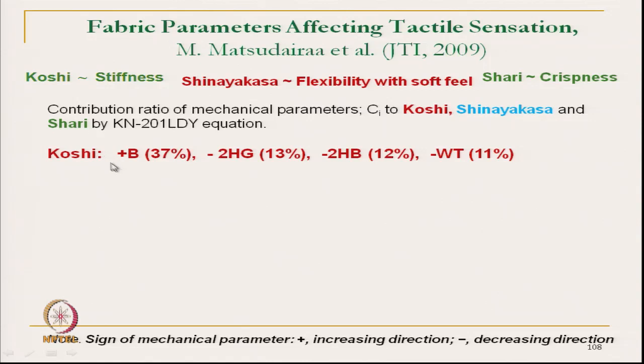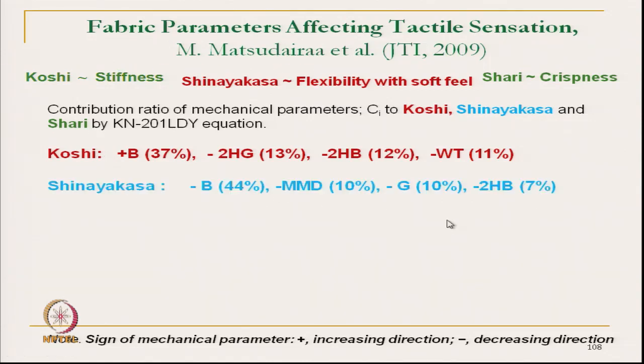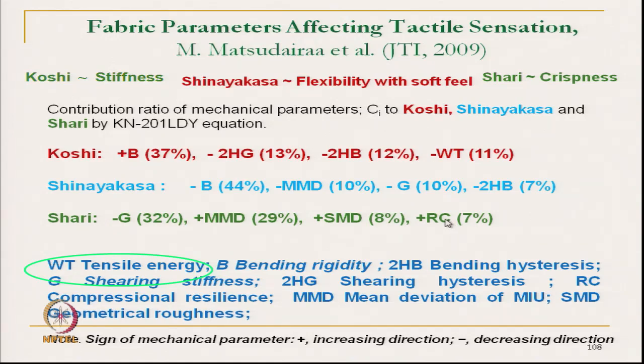Here it has been observed that 4 parameters are important and significantly affect it. We can see the parameters with positive sign and negative sign. Positive sign means the increasing direction: if it increases, this will increase.